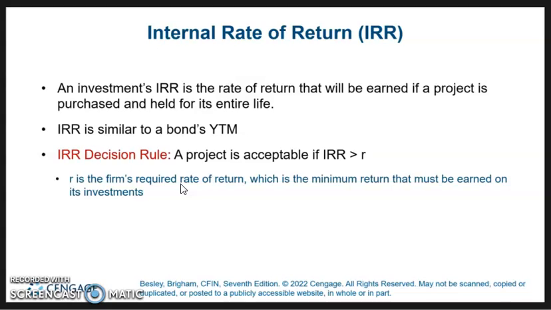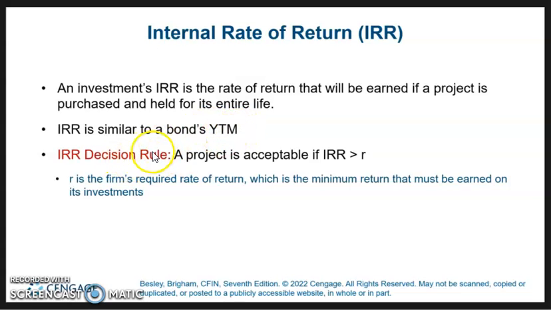So now we're going to move on to internal rate of return. So the investment's IRR is the rate of return that will be earned if the project is purchased and held for its entire life. It's a similar calculation to yield to maturity.